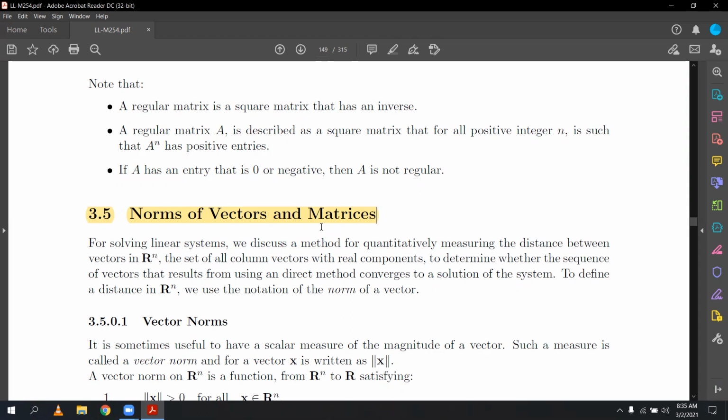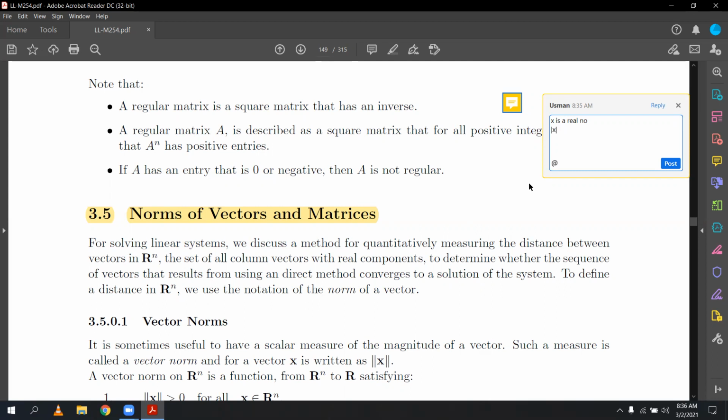You remember, if X is a real number, and a real number may be negative, maybe positive, maybe 0, then how can you say the absolute value of a number? We denote it by this.